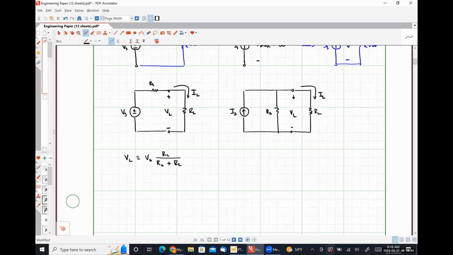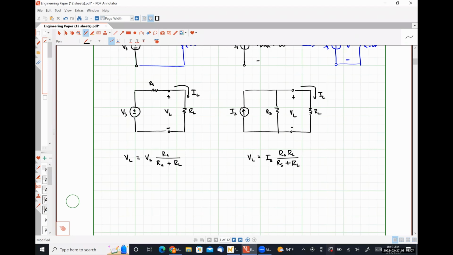On the right-hand side here, using Ohm's law, we could say that VL is going to be equal to IS times RS times RL over RS plus RL.